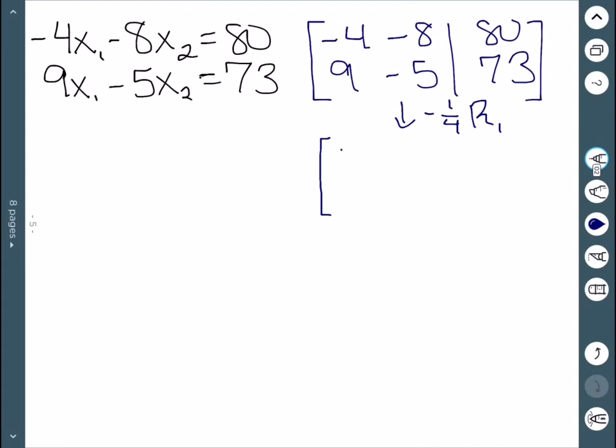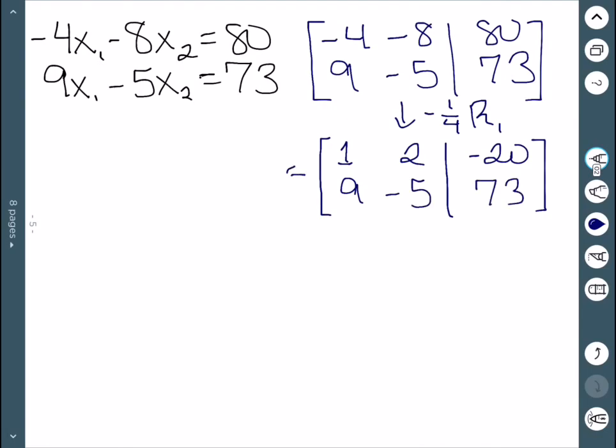-4 times -1/4 is 1. -8 times -1/4 is 2. And 80 times -1/4 is -20. My second row I didn't actually change, so we'll leave that the same. And then we'll go to the next step, which said to get a 0 in all other entries in that column.